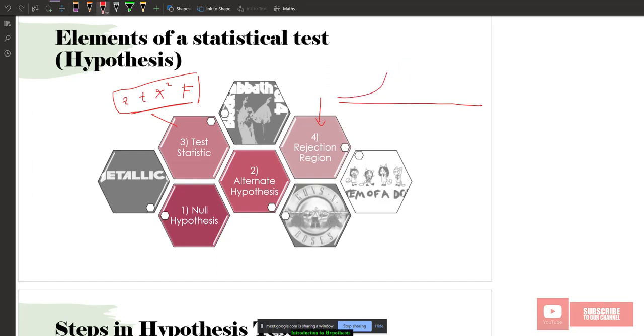So this is a normal distribution, and we are measuring two-tail. So 1 minus alpha is in between, and this is going to be your alpha. Alpha here is the rejection region. And this is going to be the acceptance region.